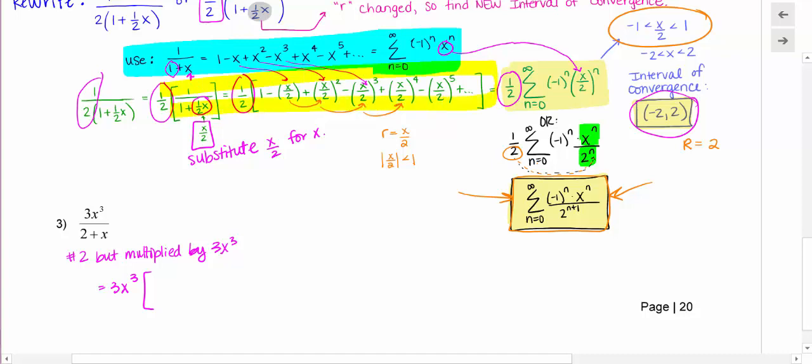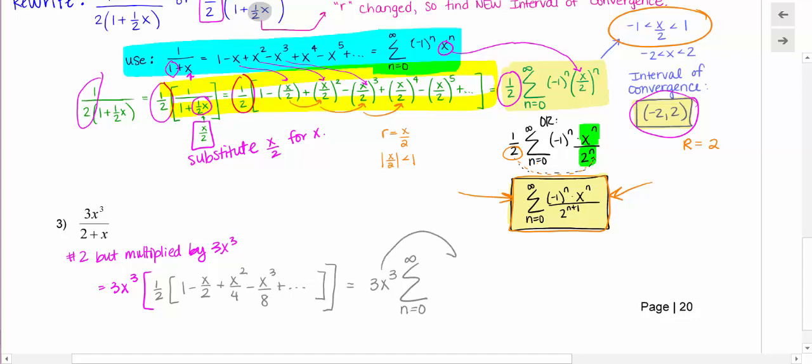All of this, okay? So it's 3x cubed times, it's the 1/2 times 1 minus x over 2 minus x squared, plus x squared over 4 minus x cubed over 8, etc., plus dot, dot, dot, right? Or it's 3x cubed times this summation.